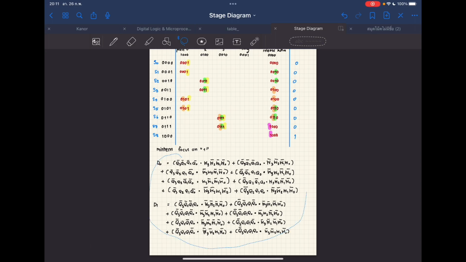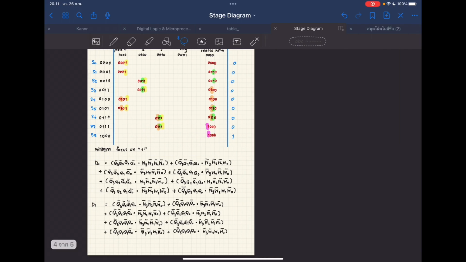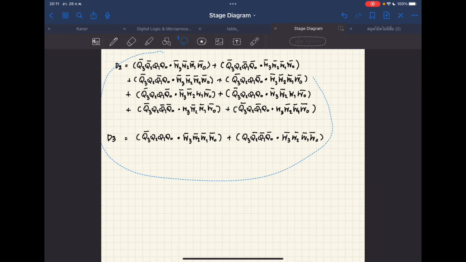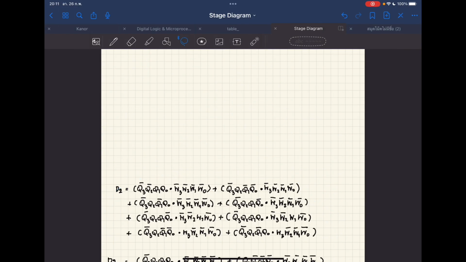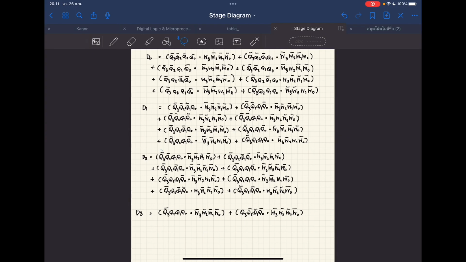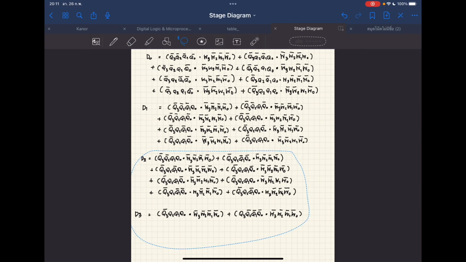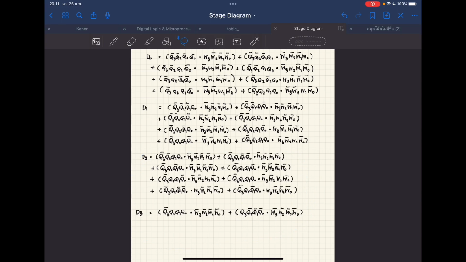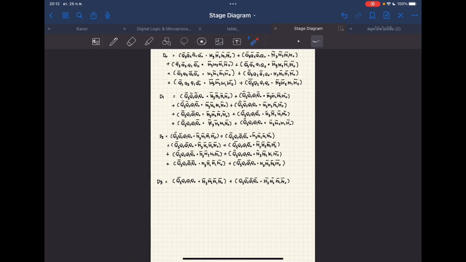So let's move this. So Q is, so we have 4 flip-flops.